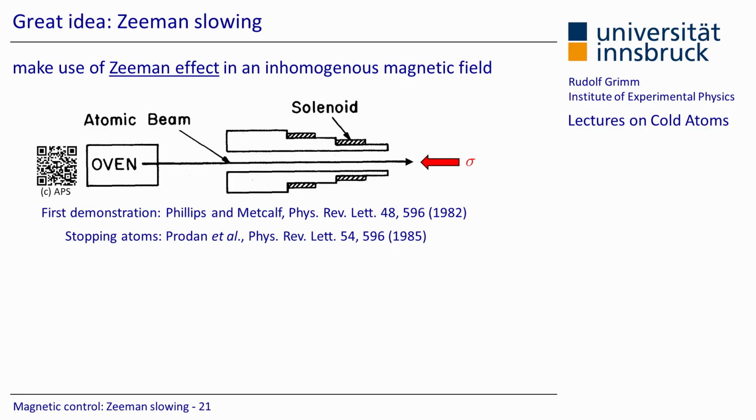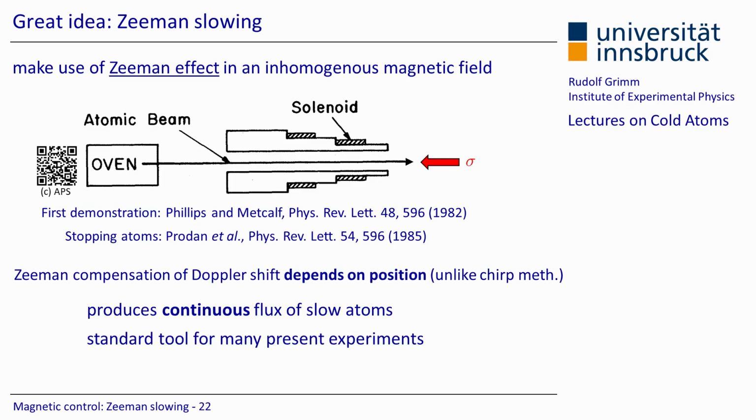This image is taken from the original publication where this method was proposed in 1982. A few years later, in 1985, even stopping of the atoms, not only deceleration, was demonstrated using this method. The Zeeman compensation of the Doppler shift depends on the position, so the resonance condition varies with the position along the beam, unlike the chirp method where it is just frequency dependent.